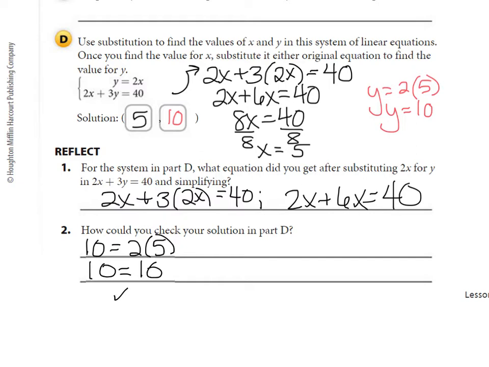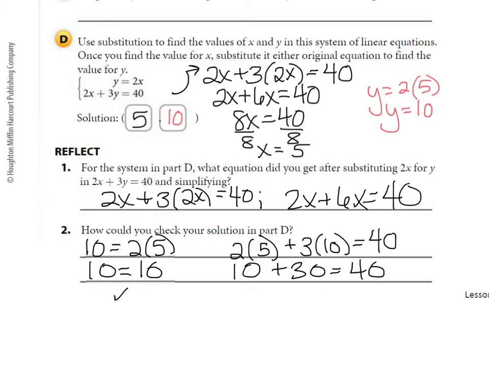So we would also put it into the second equation. We would go 2 times x, which is 5, plus 3 times y, which is 10. And we want to know, is that equal to 40? Well, 2 times 5 is 10, 3 times 10 is 30, 10 plus 30 does equal 40. So since it does work for both of them, we guarantee that it's the correct solution.